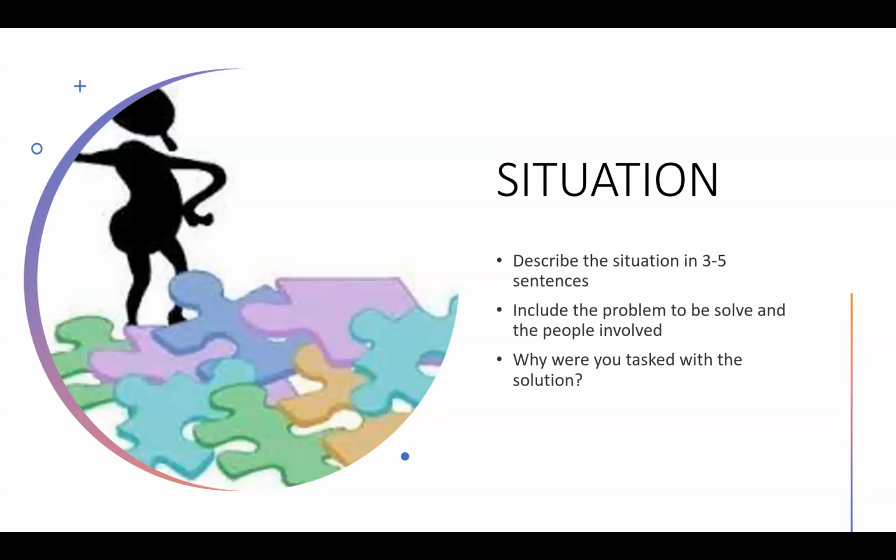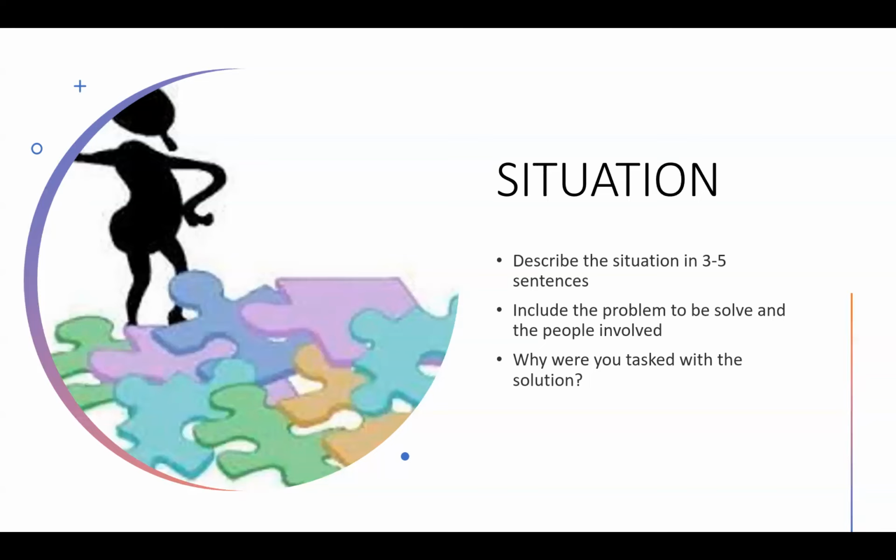And always present it in a positive way as a challenge that you welcomed. Include the people who were involved. Who gave you the task or the situation? And who on your team did you need or were going to need assistance from?